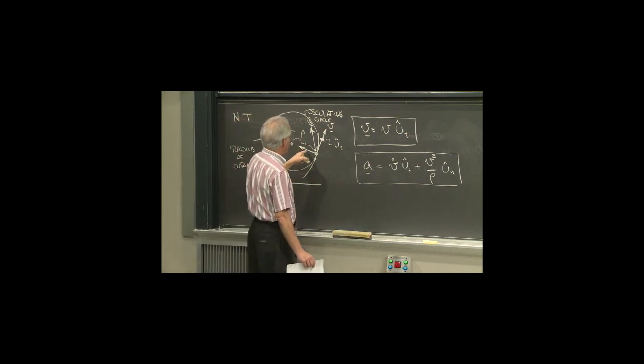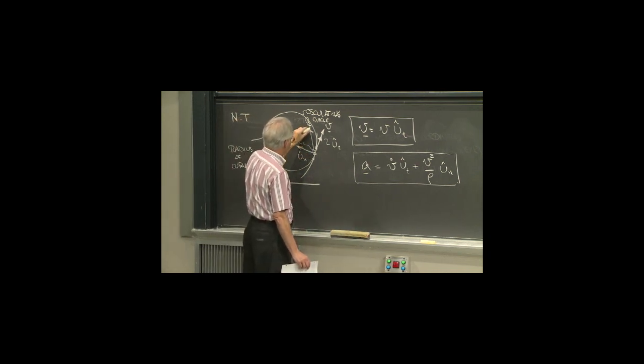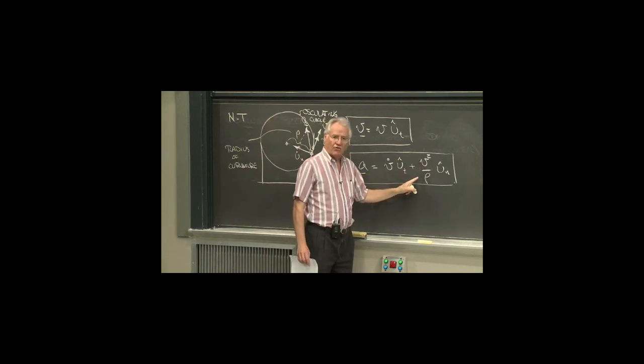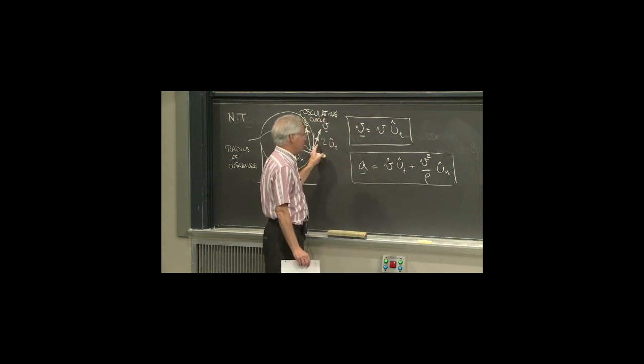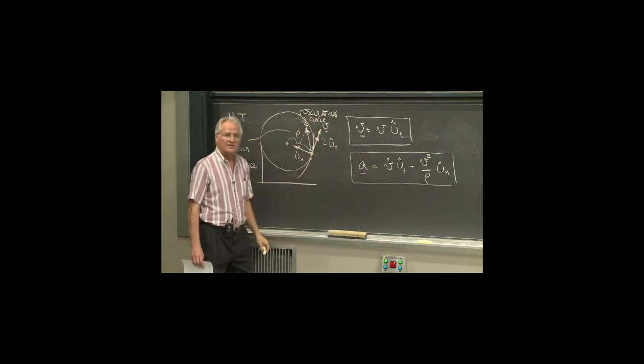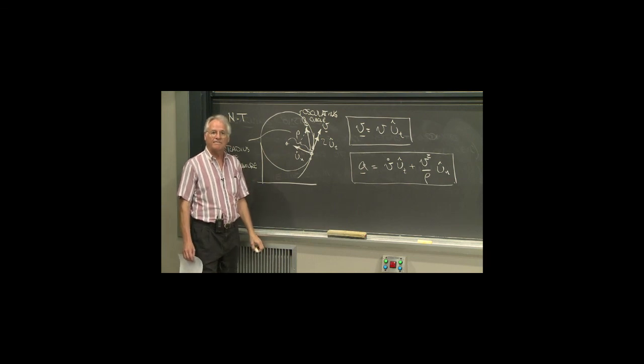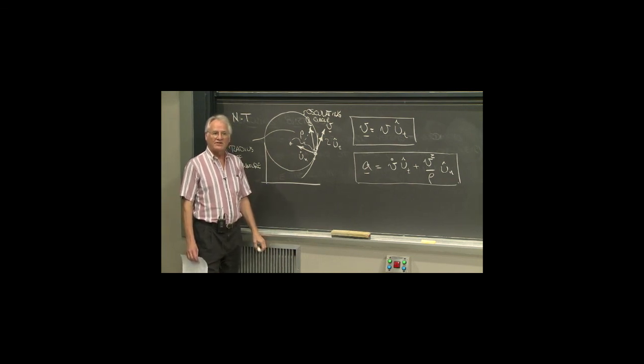Okay, and so the component of the acceleration in this direction is v squared over rho. You're familiar with that. And then the component in this direction is simply the rate at which the velocity is increasing its magnitude. Okay, questions, comments?